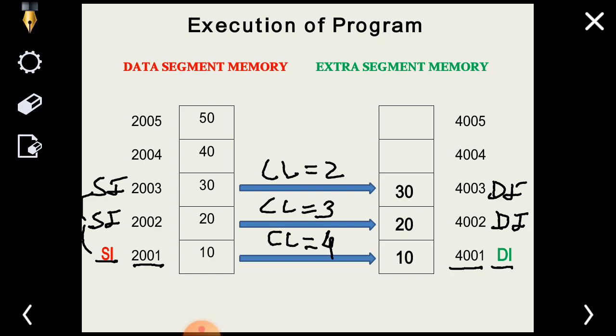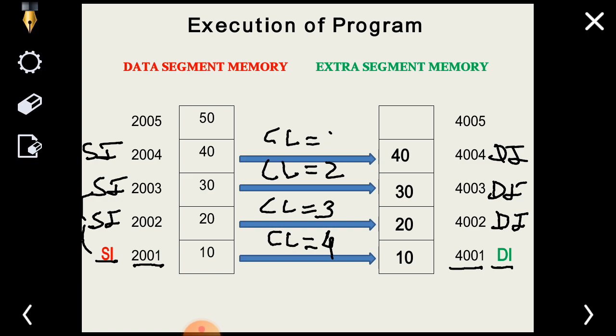If it is 0, that is reset, again SI and DI will be auto incremented by 1. Now the content of SI will be 2004 and the content of DI will be 4004. Now again the repeat will repeat the MOVSB instruction, and 40 will be transferred into extra segment memory. Now the counter will be decremented by 1 again.